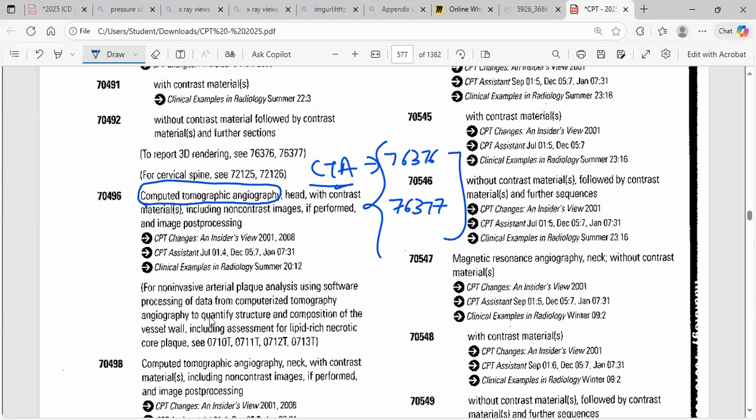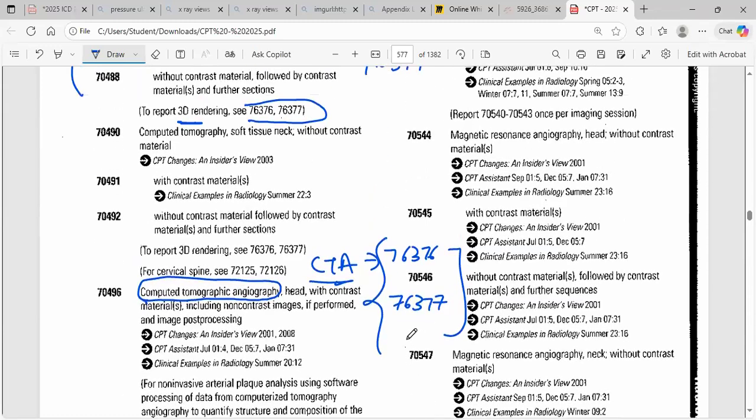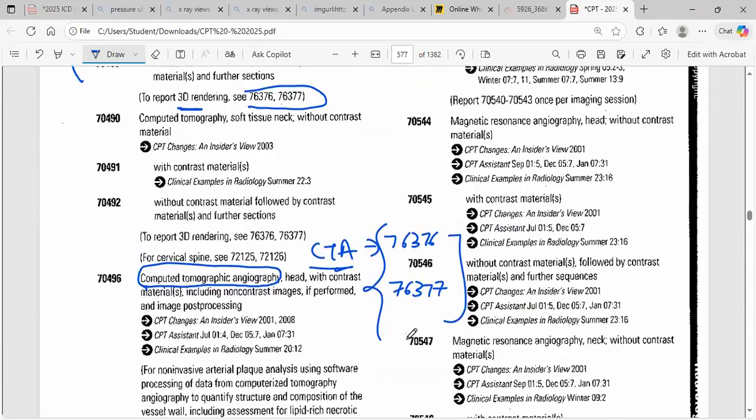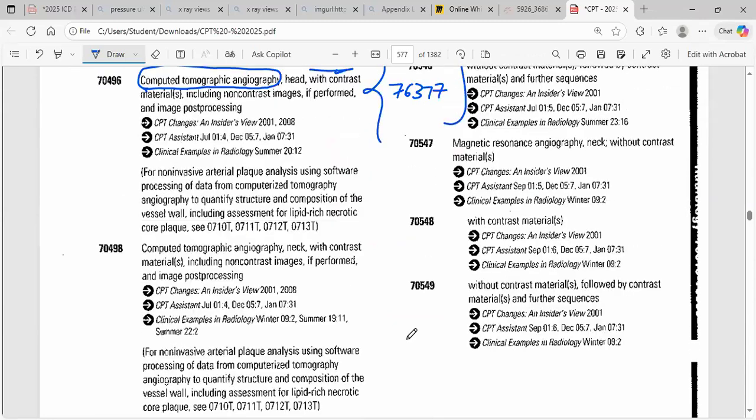Next, we have the same guidelines for the MRI, MRI and MRA. Let me show the codes. So these are the codes for the MRA. With the MRA also, you are not going to bill 3D separately. This is inclusive in the MRA.